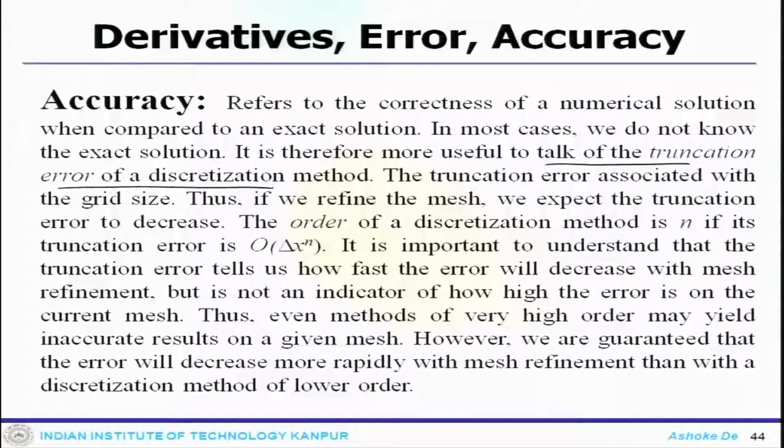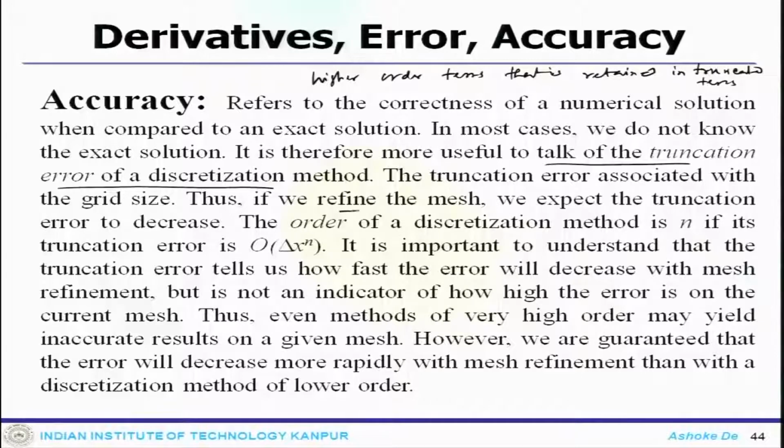So, the order of accuracy of the system will depend on the higher order terms that are retained in the truncated terms. Okay. So, essentially this has to do with the order of accuracy of the system.